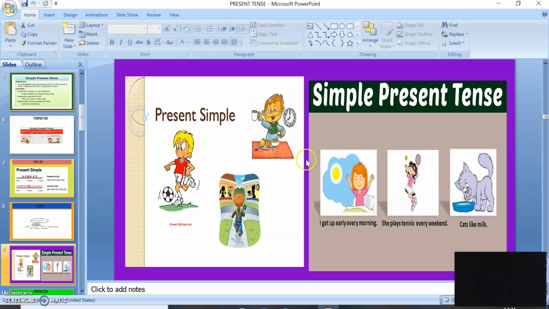I eat my breakfast at 8 a.m. The boy plays football regularly. Talking about daily habit, I get up early in the morning. She plays tennis every weekend, and cats like milk. These are some examples of simple present tense.